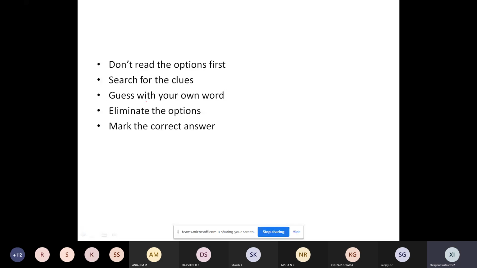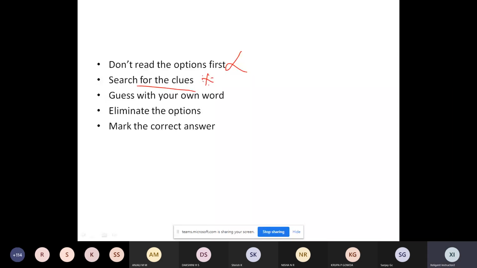Second, search for the clues. This is an important instruction. In sentence completion, you will have a lot of clue words. I will tell you how to identify clues in the sentence. It can be a clue word or a clue phrase. It can be anything. With that only we can solve those kinds of questions.